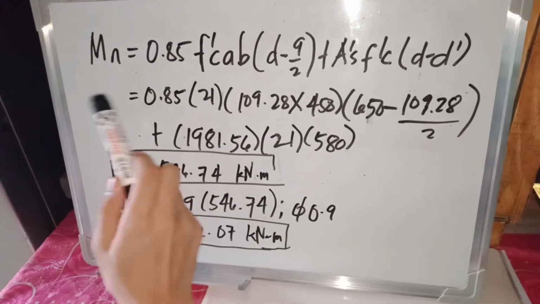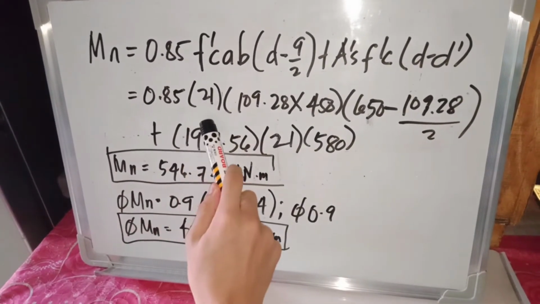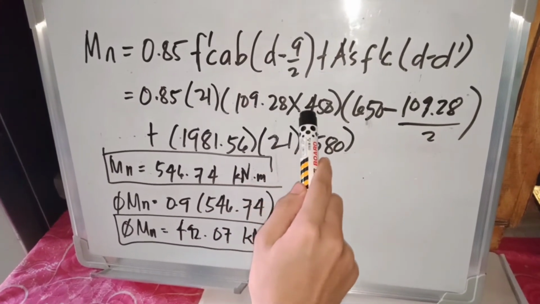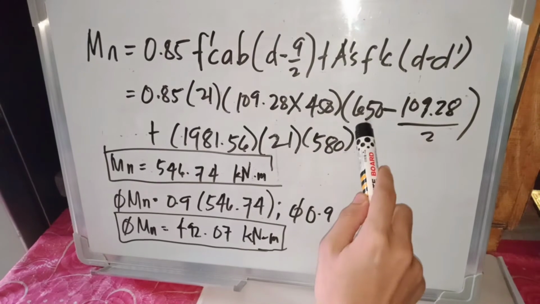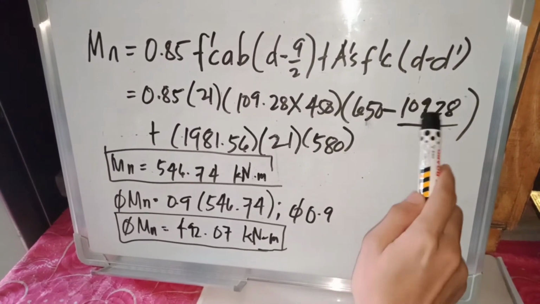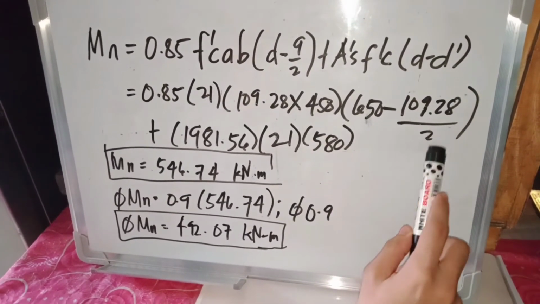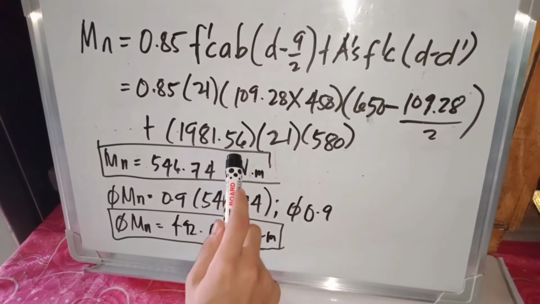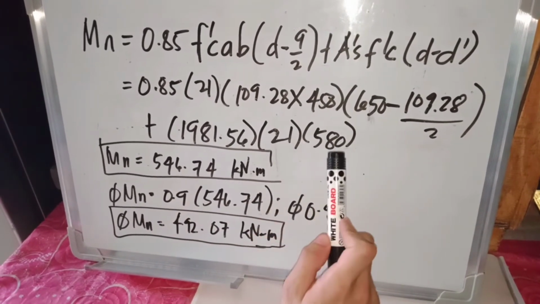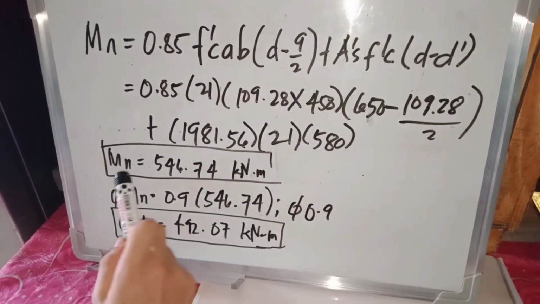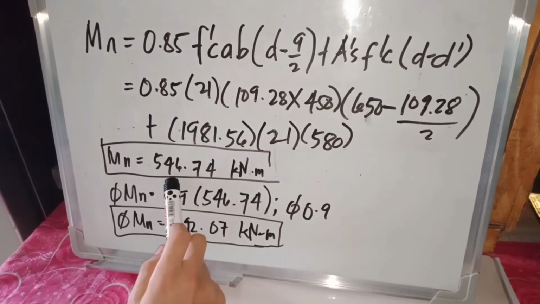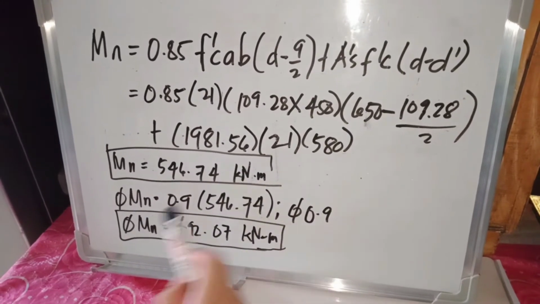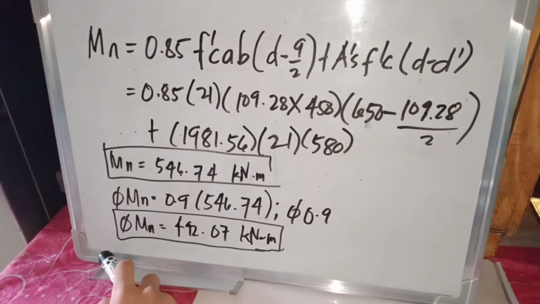We get 0.85 times 21 times 109.28 times 450 times 650 minus 109.28 divided by 2, plus 1981.56 times 21 times 580. The resulting value is 546.74 kilonewton meter.